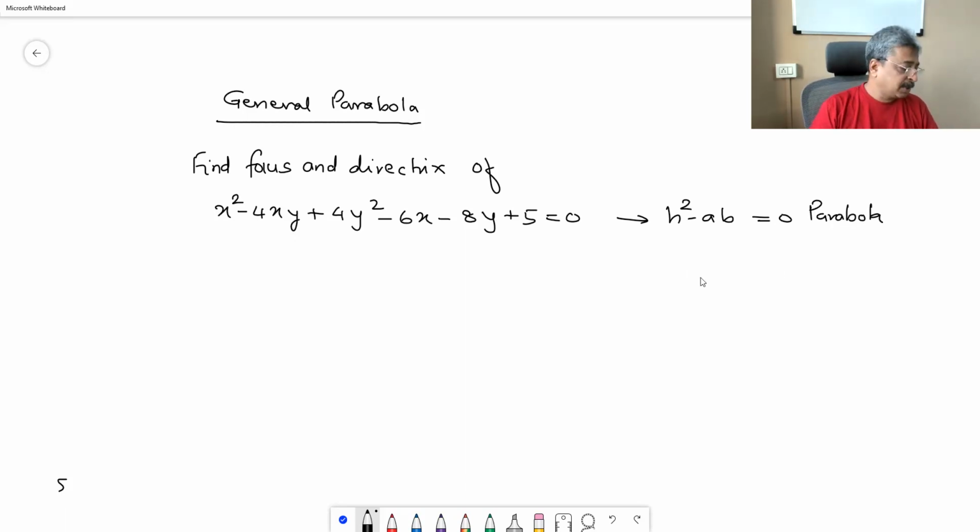Eventually, we will solve ellipse and hyperbola general equations also, but before that, we need to study the properties of ellipse and hyperbola, which we are anyway doing. So I give you sufficient time to deal with this and figure out what should be the focus and directrix, and then we will discuss what is the best method, how fast we can do it, etc., and solve one or two more problems. So take your time.